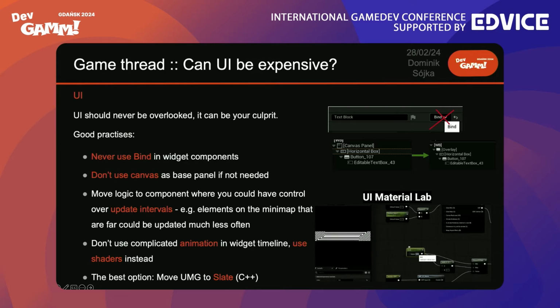And if you can, move all the logic to custom components. So it depends on the architecture, but in general, you should divide all the logic and the visual aspect of your game. So for example, if you have an icon on the compass, this icon doesn't need to be updated every frame. You can do this based on the distance, and it's gonna be almost the same.